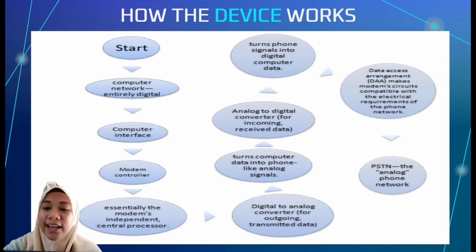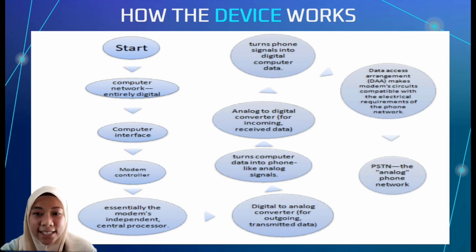When analog data reaches the destination computer, the modem on the destination computer will change the data from analog back to digital form so that it can be processed by the destination computer.